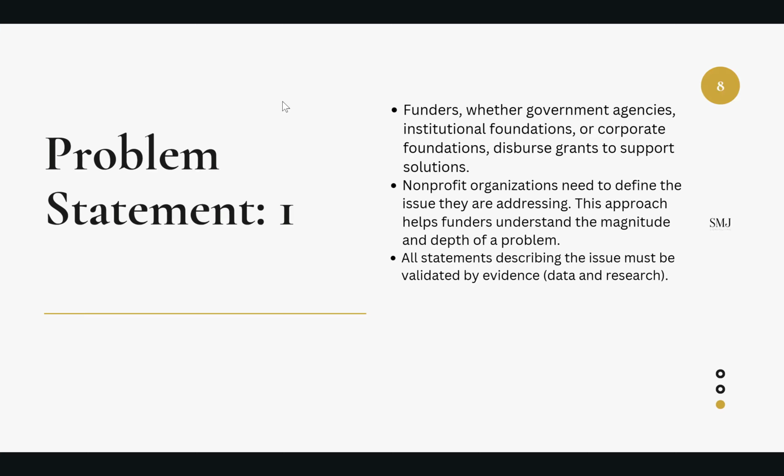Oftentimes, nonprofit organizations in their communication just focus on what they offer. Maybe they offer sanitation products. That's good, but you want to really take your problem statement as a way to build anticipation of helping a funder understand why your solution matters.